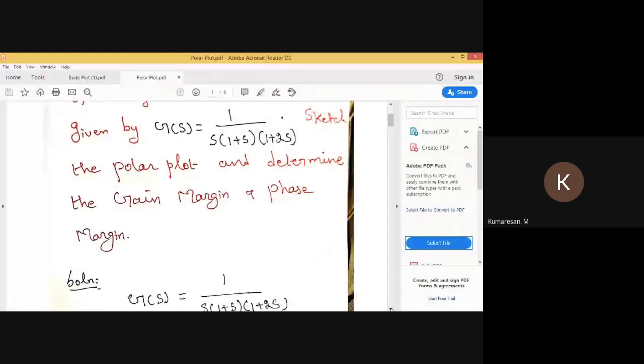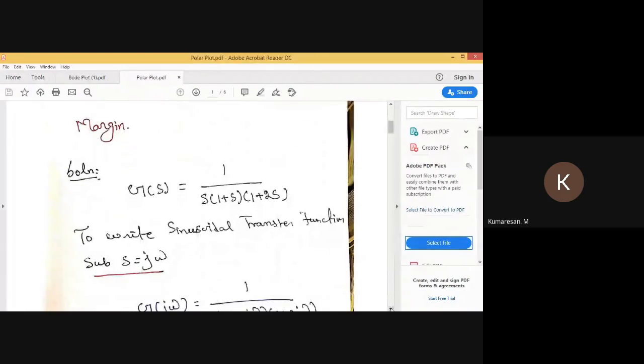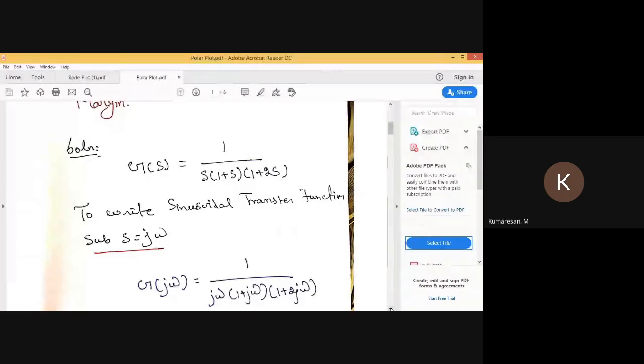So from the given equation, the open loop transfer function G(s) equal to 1 divided by s into (1 plus s) into (1 plus 2s). This is the normal frequency transfer function.